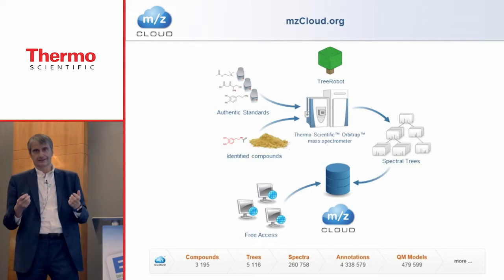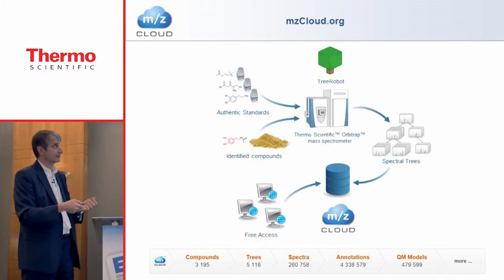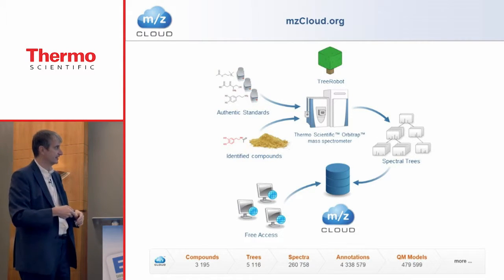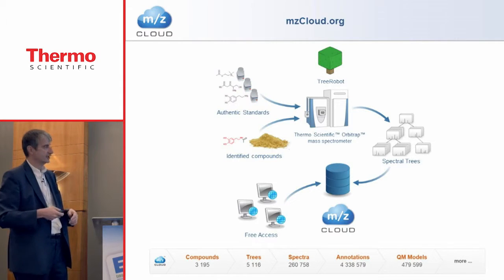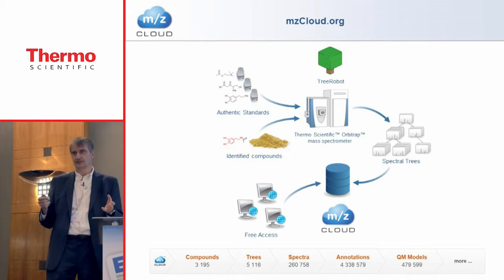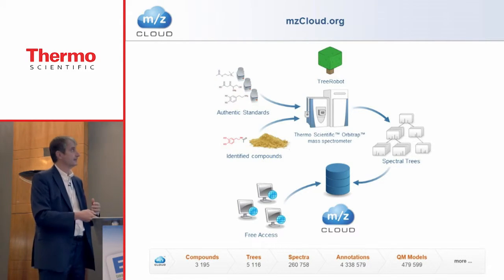We take an authentic standard, then we acquire the spectral tree using the mass spectrometer. We put it in the database, and you as a user can search it for free. So this is the current stage. We are adding 30 spectral trees a day, so in about a year we will double this number, and then we will go further.